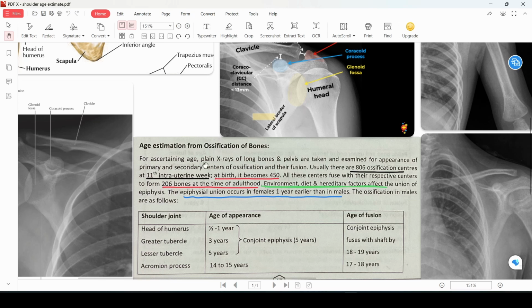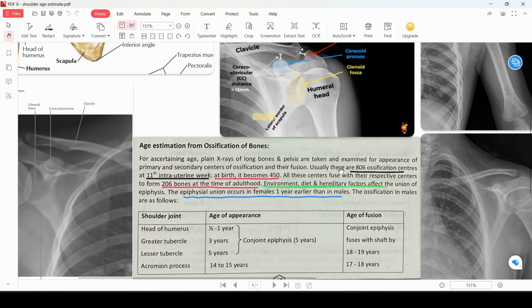Secondary centers are whatever is left to get ossified after the initial bone formation, after birth, maybe after many years, and then their fusion. So we examine the appearance of the primary and secondary centers of ossification and their fusion.